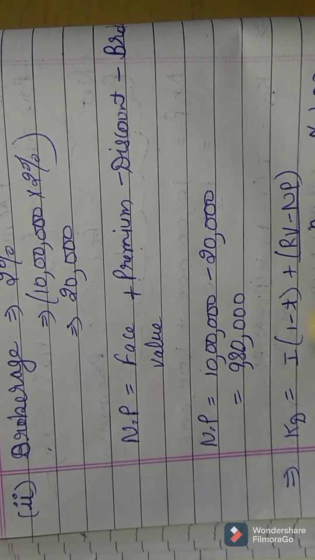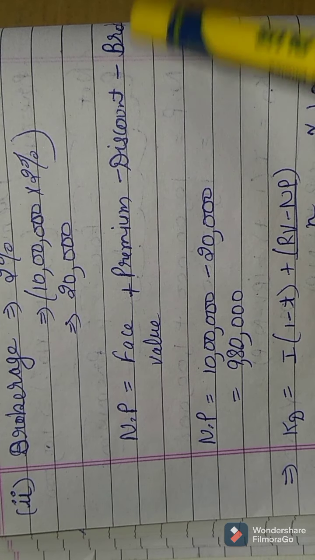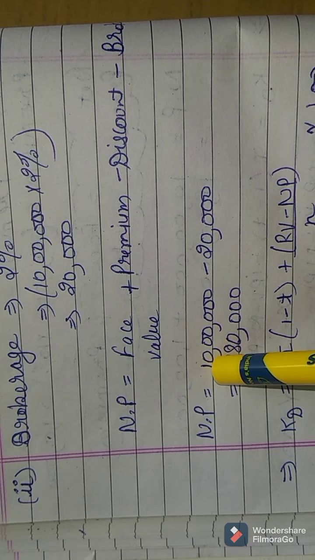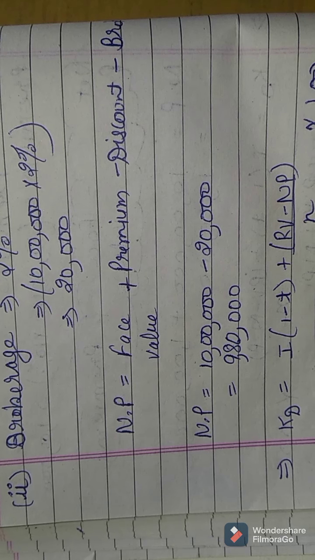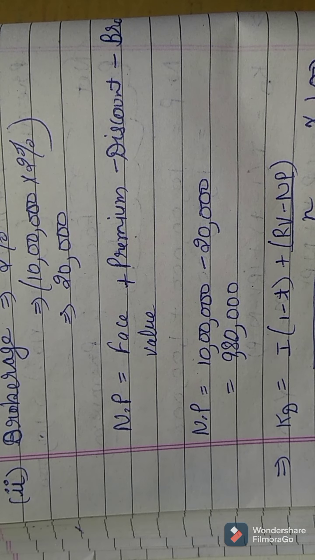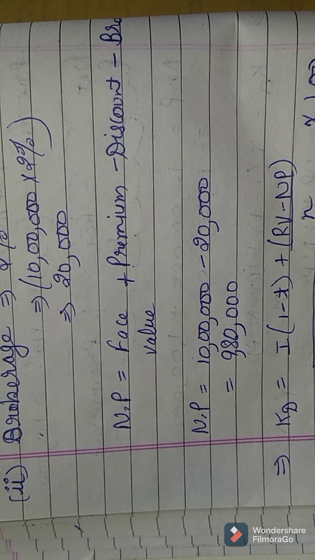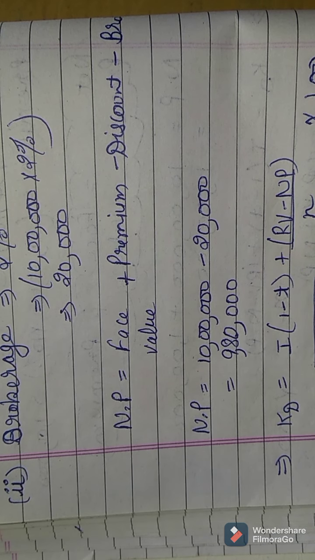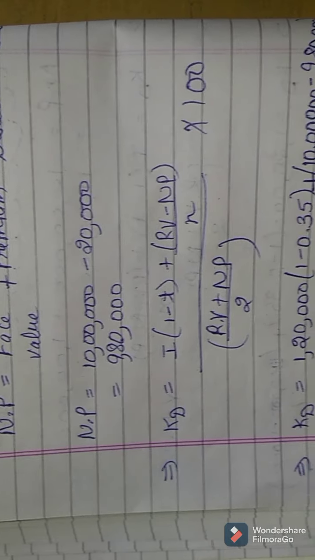Net proceeds is face value plus premium minus discount minus brokerage. Face value 10 lakh, premium not given, discount not given, brokerage 20,000. So we subtract 20,000 from 10 lakh, then we get 9 lakh 80,000.